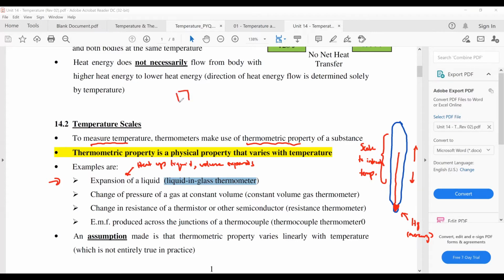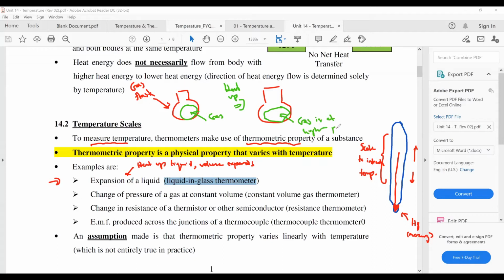The thing here is that if you have a gas flask here and you fill it with gas, if you heat it up, your gas will have increased in pressure, isn't it? So you still have the same gas flask. The gas flask ensures that the volume of your gas remains constant. When you heat it up, your gas is at higher pressure.